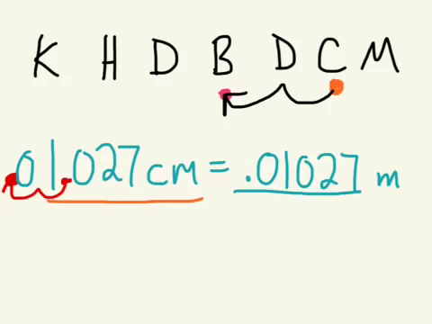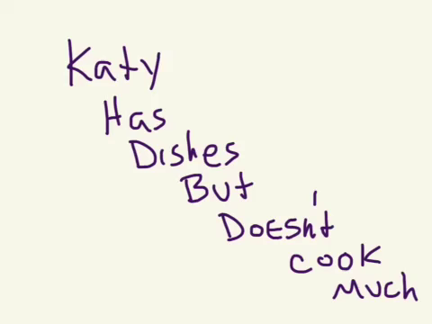And you can use this basic trick to go from any one unit to another based on these steps going left or right. And there was a phrase that I use and that you can use too to help you remember the order from kilo all the way down to milli. The phrase is this: Katie has dishes but doesn't cook much.